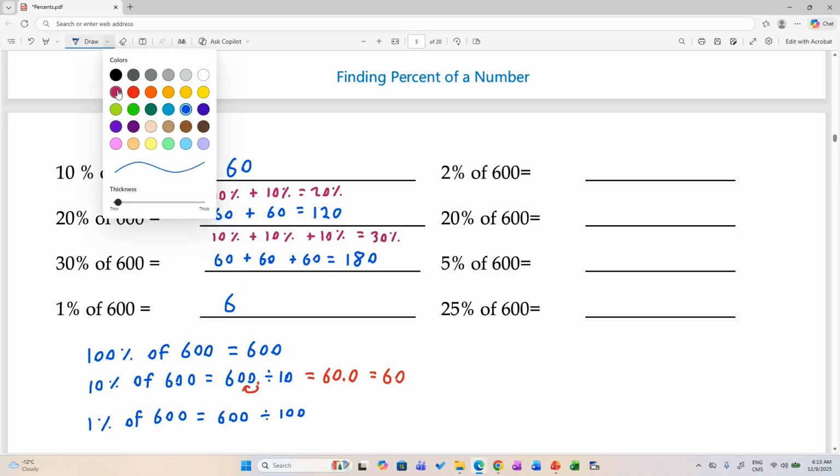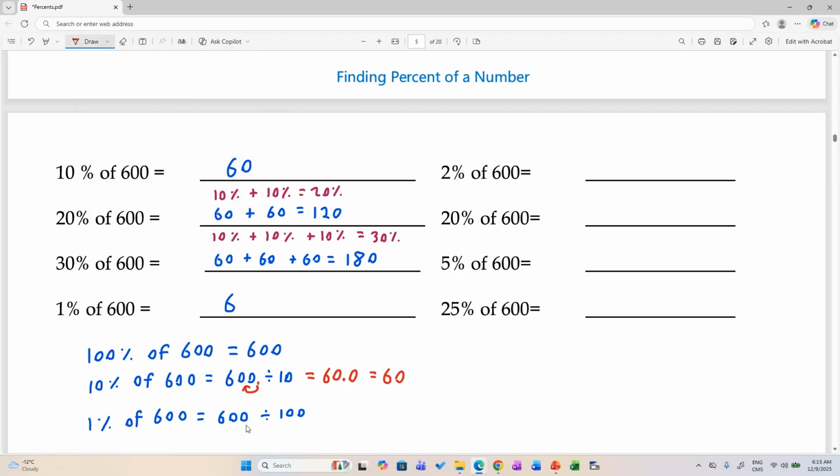Now, anytime you divide by 100, remember, you have to move the decimal place not once, but twice. So when you divide by 10, you move the decimal place 1 to the left. When you divide by 100, you move the decimal place 2 to the left. So hence, my new decimal place should be right here, 6.00. So my final answer should be 6 for that reason.